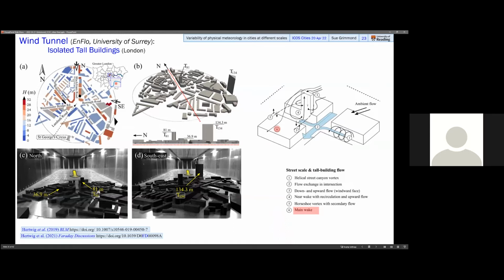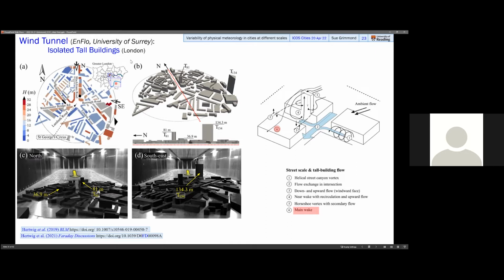One of the ways that we can start to explore wind flow variations and the impact of individual tall buildings, which are very hard to observe in the real world, is to use wind tunnels. We can put into the wind tunnel somewhat realistic hardware models of parts of the city and explore the flow around them. I'm going to focus primarily on the wake, so what happens behind the individual buildings, and look at the impact first of just isolated tall buildings.